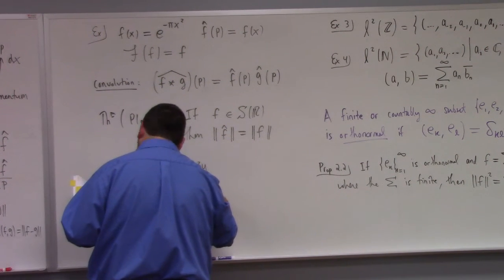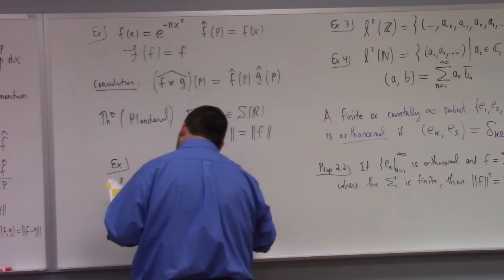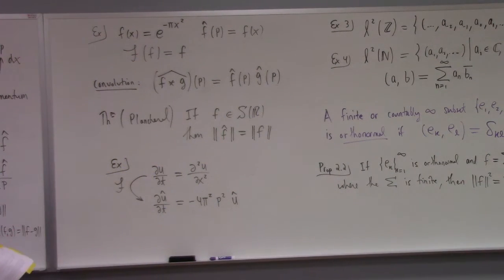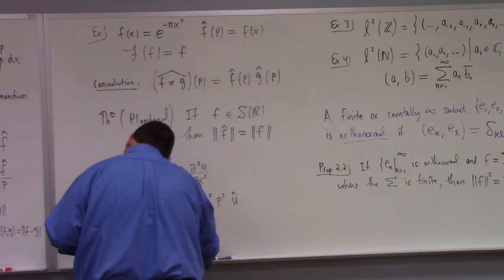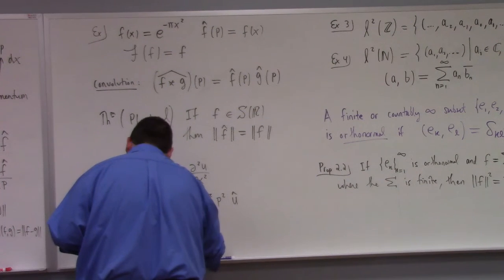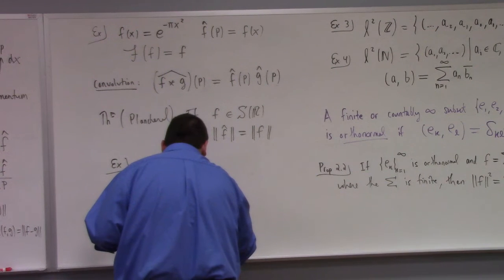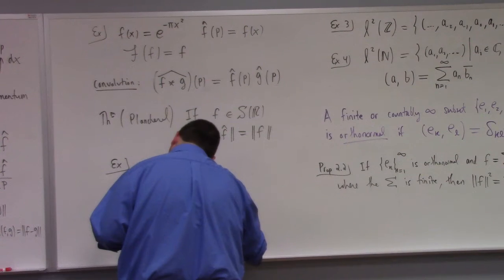See why there's a minus 4 pi squared? That's a linear differential equation in time, so you can just separate and integrate. And so we've traded that for u hat equal to some a, it doesn't really matter what that constant is, e to the minus 4 pi squared p squared t.